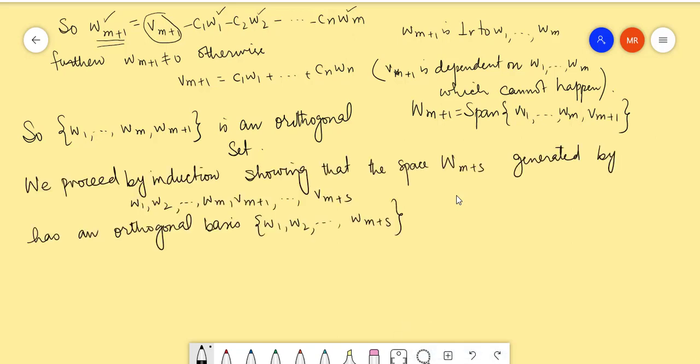And hence, by induction, we can proceed that the space generated by the vectors W1, W2, Wm, V_{m+1} up to V_{m+s} has an orthogonal basis as W1, W2 up to W_{m+s}, with s equal to 1 up to n minus m, and hence it proves our theorem.